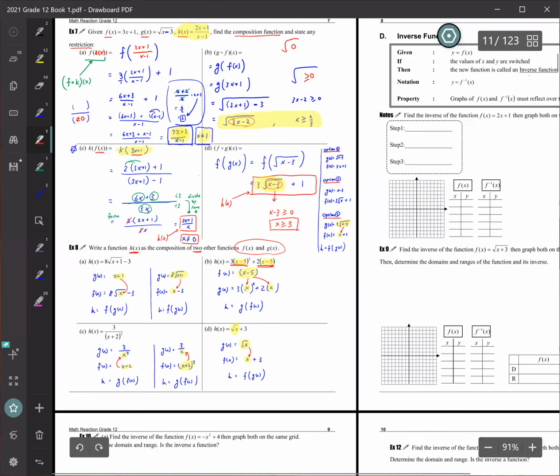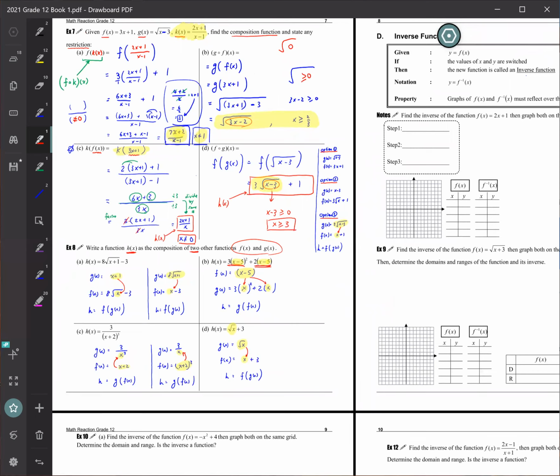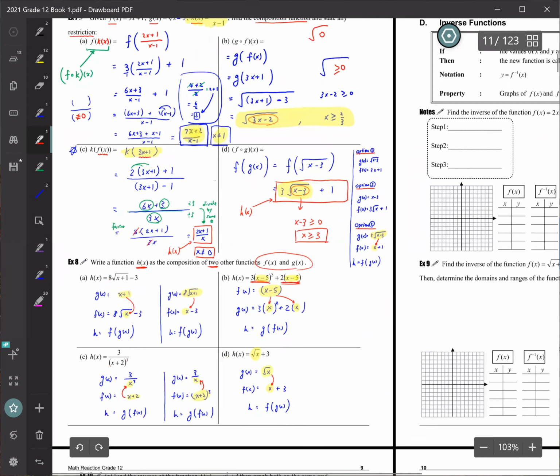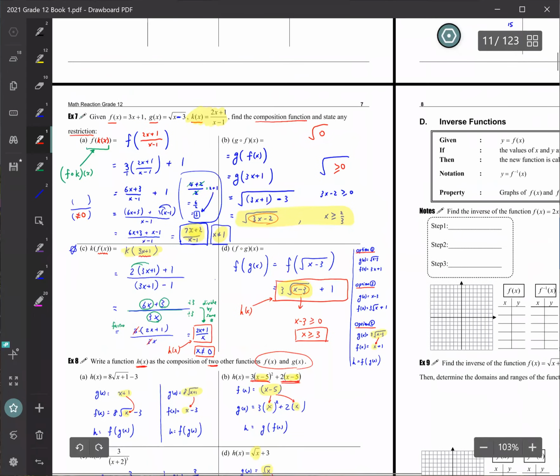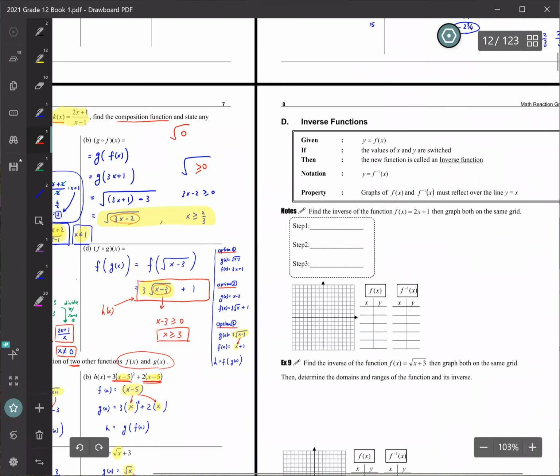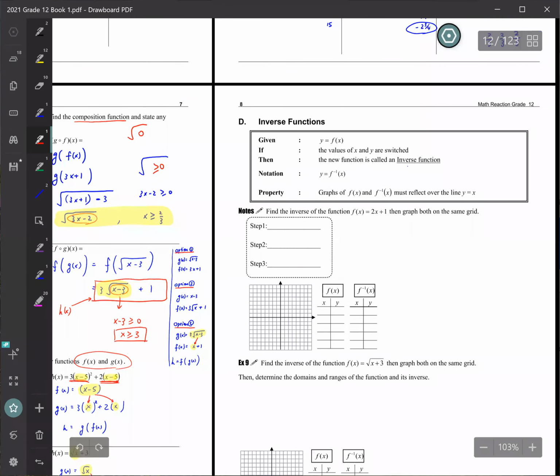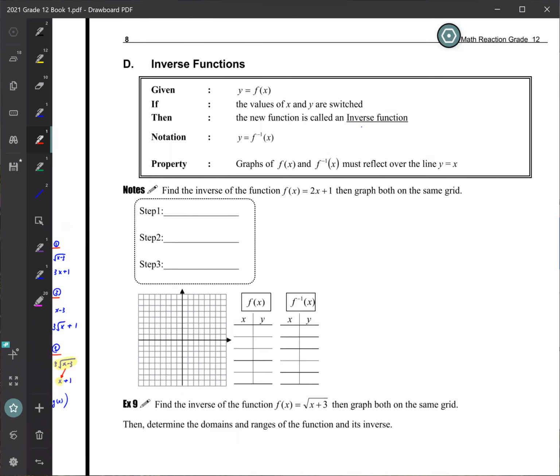Okay, so let's go to the next page. We're not going to do too much on the next page. We'll do a little bit first to get you ready for it, and then we'll have a break. After the break, we'll continue on the next part. So this is the end of the composite function. The next part is also about function, a different kind of function called the inverse function.